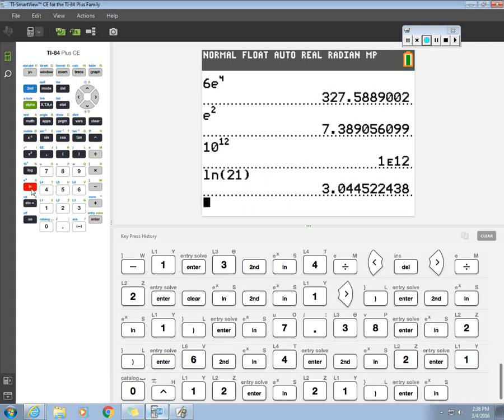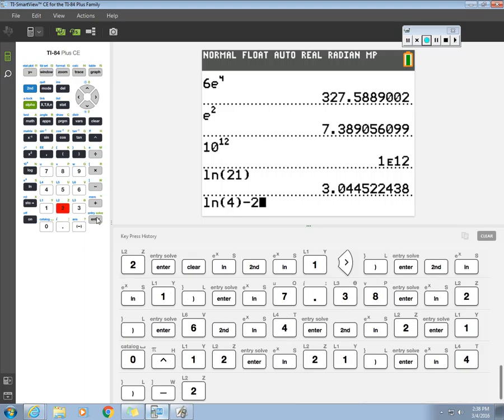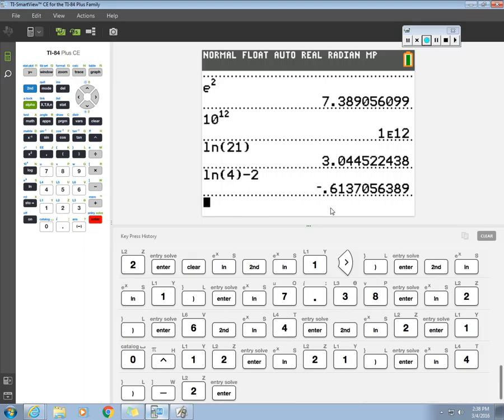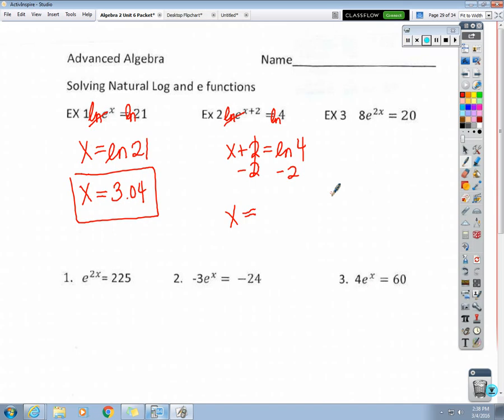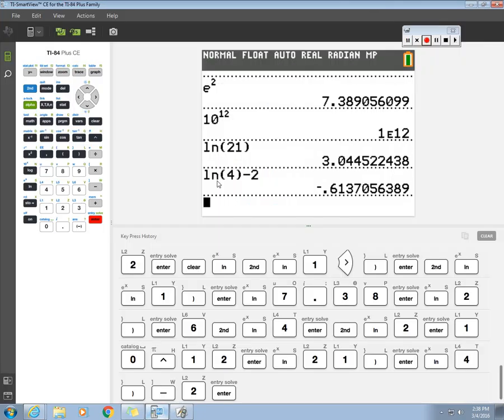It is very important that right there after the 4 you close it. And then you subtract 2. And you get negative 0.61. I typed in ln of 4 all minus 2.